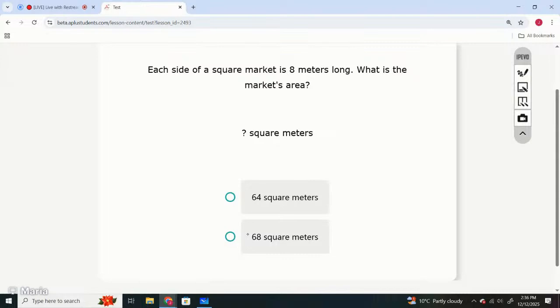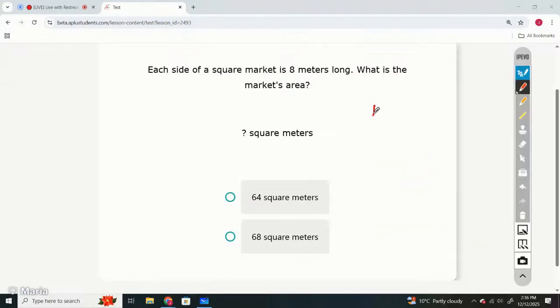Each side of the square market is 8 meters long. What is the market's area? So that is a square, right? A square has all four sides equal in length. So that would be area is equal to side times side.